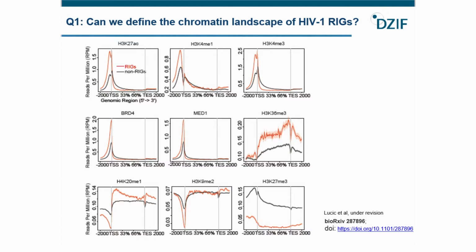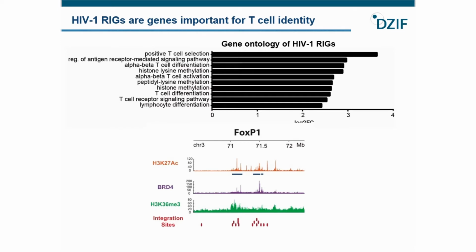And I don't want to go into details of this, I can just show you that RIGs are here in red, whereas non-RIGs are in black, and so there are clearly important differences between RIGs and non-RIGs. What we found out is when we then did the RNA-seq on these genes and we did the gene ontology is that these genes are very important for T-cell identity.